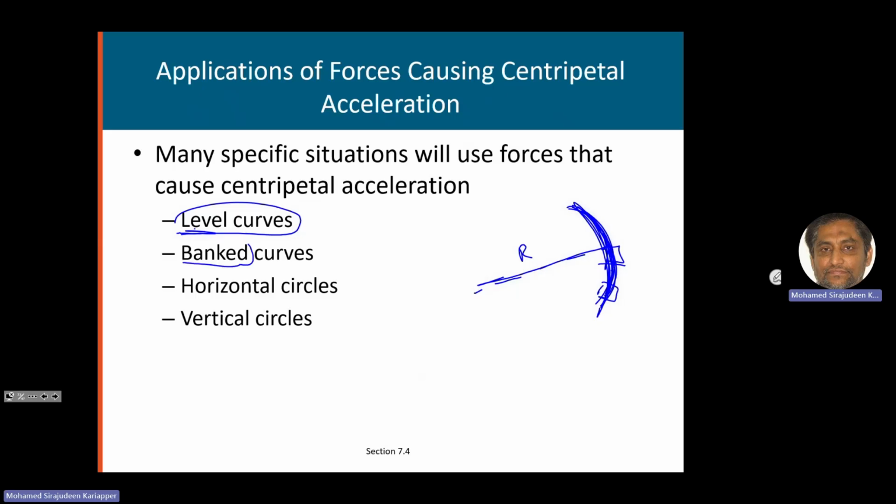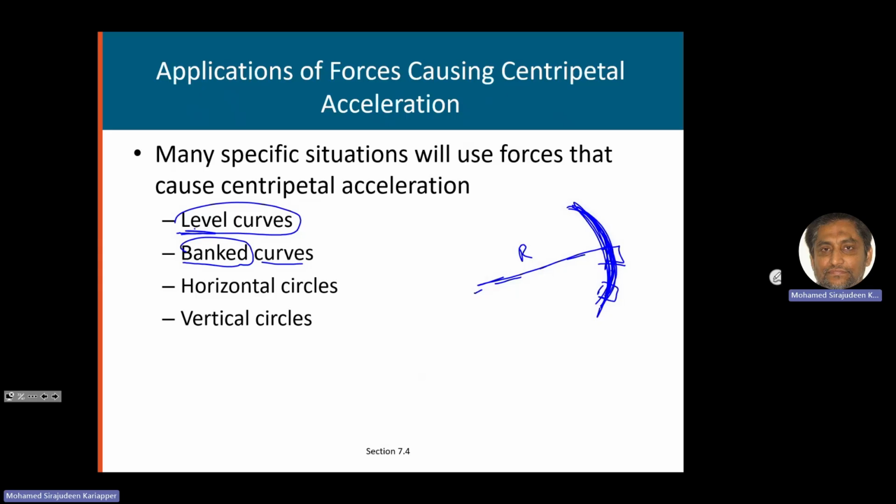Then comes curve again, but banked curve. What do you mean by bank? If you are driving on the highway, probably you notice the road is not level. Especially when you have a curve on a highway, the road is not flat. The road is banked, right?